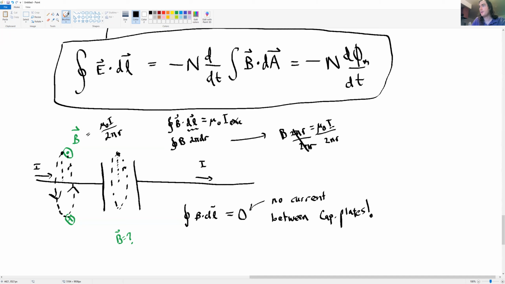Okay, there's no current between the capacitor plates, so the magnetic field must be 0, right? Wrong.